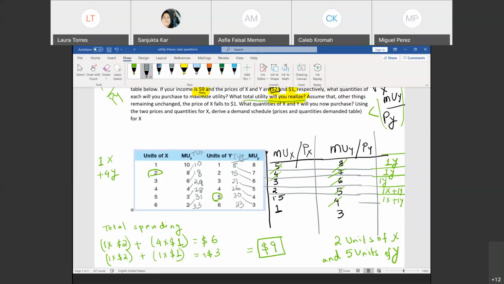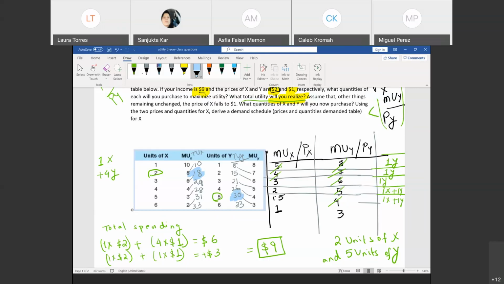So how many units did you buy? You bought 2 units of X. The total utility from 2 units of X is 18. And the total utility from 5 units of Y is 30.